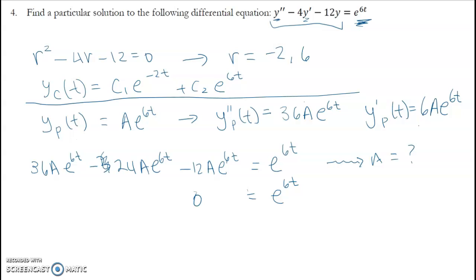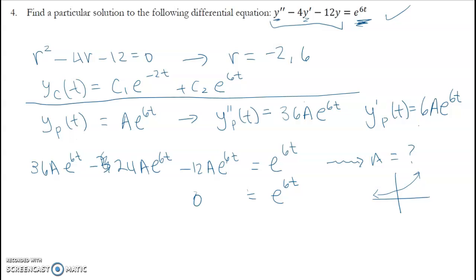We can never get 0 from an exponential, because if you graph this, it gets very close to 0 as the t value decreases, but it never in fact reaches 0. So although this example looks simple, we come across our first problem where this is not possible.